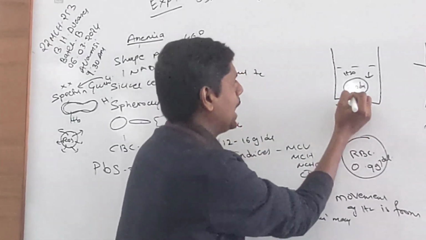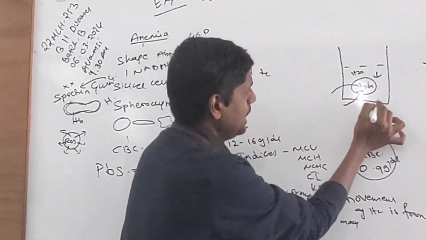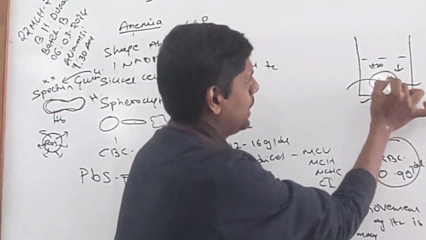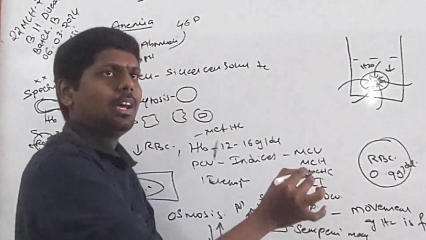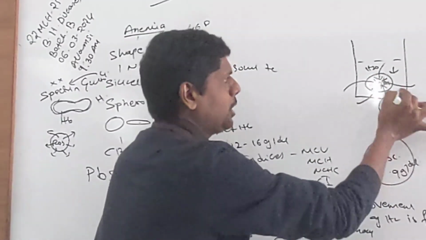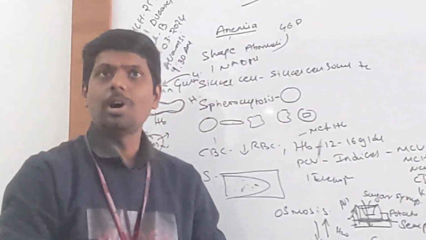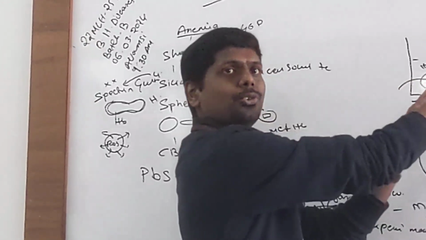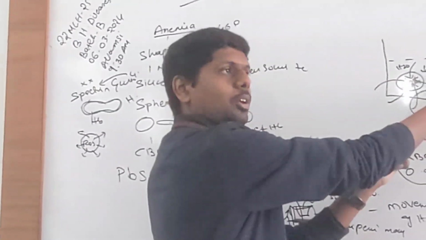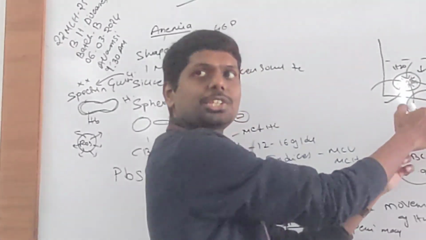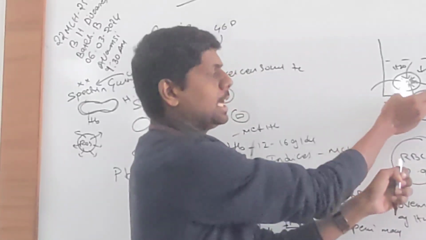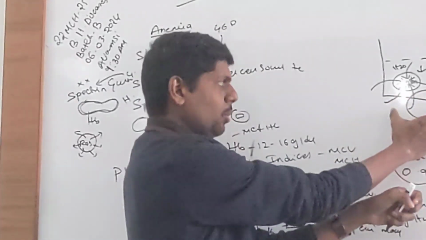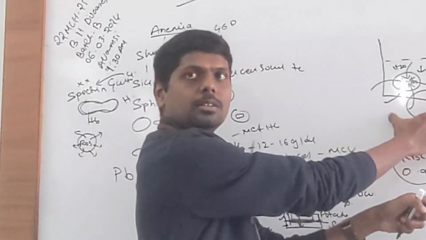The water will start migrating inside the cell, leading to enlargement of the cell, because of the gradient. Outside low concentration, inside high concentration. So water moves inside the red blood cell, enlarging it.